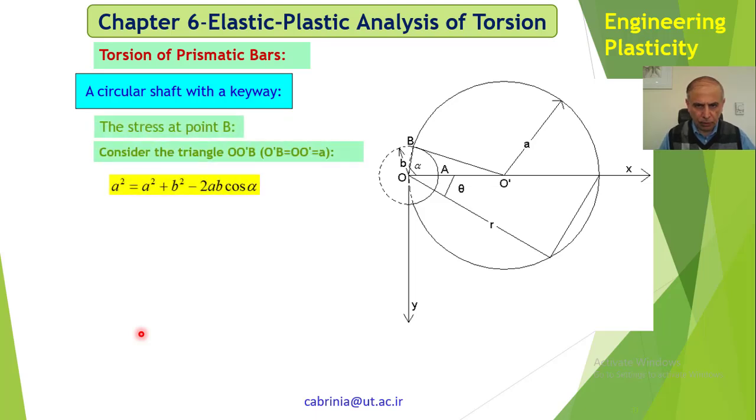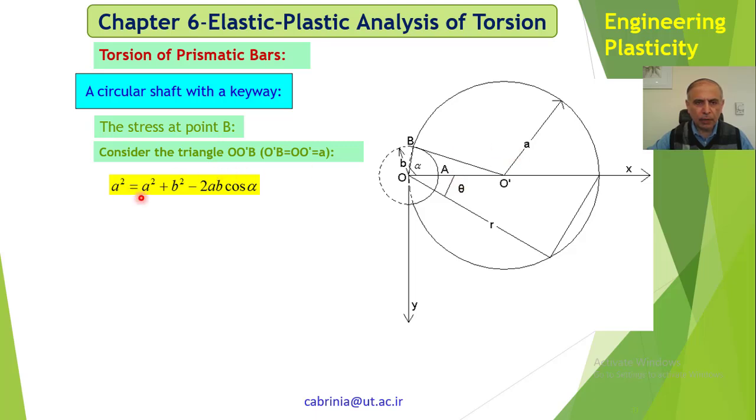What if we want to calculate the stress at point B? We could do that also. Now consider the triangle O prime B, where O is the origin. In this triangle, O prime B is equal to O prime O, because this is a circle and these are the radii of the circle, equal to a.